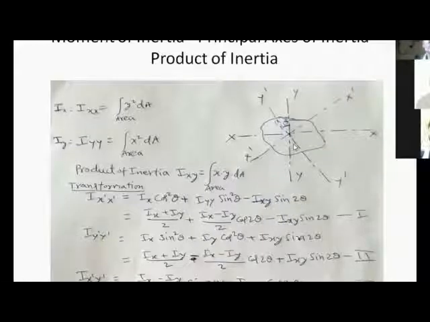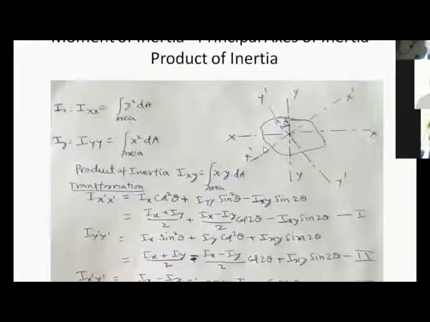Now, if you want to calculate the moment of inertia about x dash, it is equal to Ix cos square theta plus Iy sin square theta minus Ixy sin 2 theta. Ix is the moment of inertia about the x-axis, Iy is the moment of inertia about the y-axis, and Ixy is the product of inertia about the xy axis system, right? And theta is the angle of rotation of this axis system.